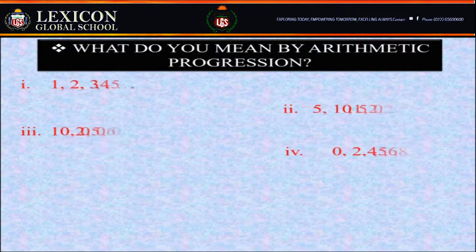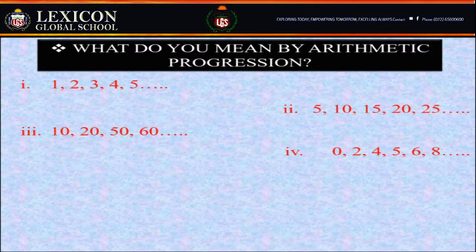As you can see, in the first example, you have 1, 2, 3, 4, 5 and so on. So what is the difference here? What can you identify from this example?